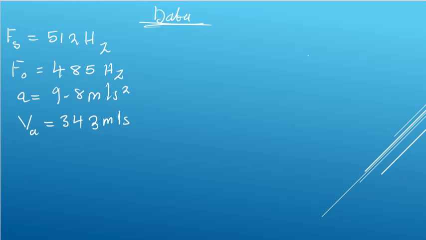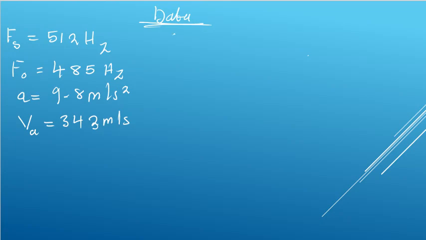In this case, we're going to use the other formula, not for the positive approach, but instead we use the formula for the negative approach. Why? Because it's not falling towards, it's falling away, if you understand the question.